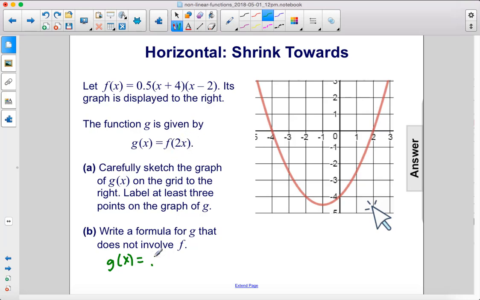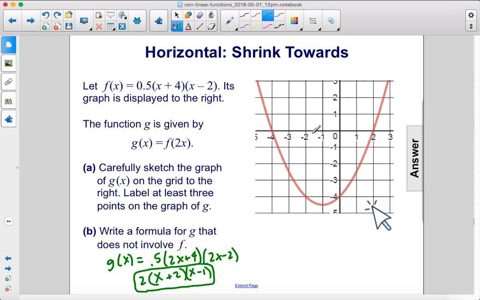So that gives us 0.5 times 2x plus 4 times 2x minus 2. So I'm going to distribute this half here into this expression, and that gives us x plus 2 times 2x minus 2, but let's take 2 out of there. So then we have 2 out front, and then we have x minus 1. So here's our new equation for g of x.